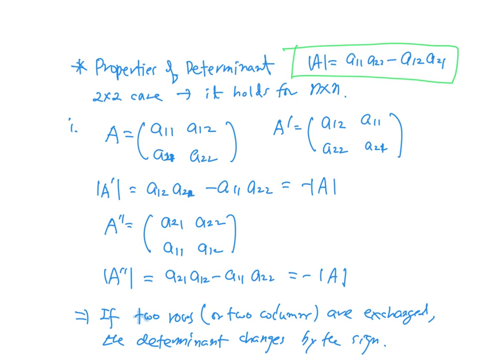The first property: if you interchange any two rows or any two columns, then the resulting determinant changes the sign. Change the sign means you put a minus.